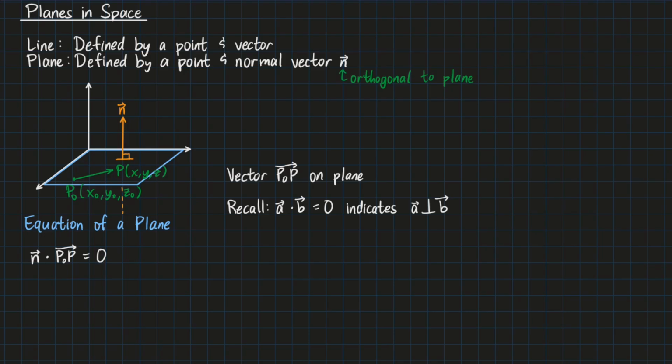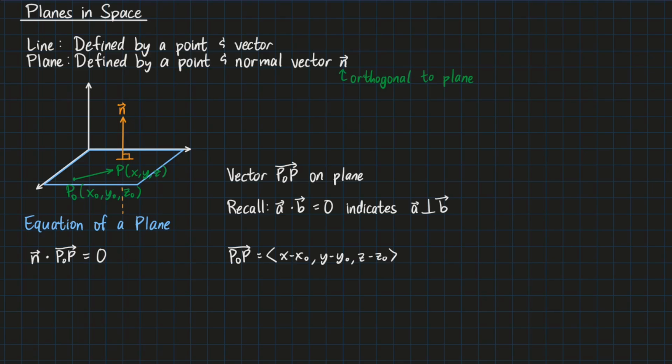So remember, in 3D, a vector has an x component, a y component, and a z component. Vector P0P can be found by taking the final minus the initial. So P is x, y, z, and P0 is x0, y0, z0. So the x component is x minus x0, the y component is y minus y0, and the z component is z minus z0.